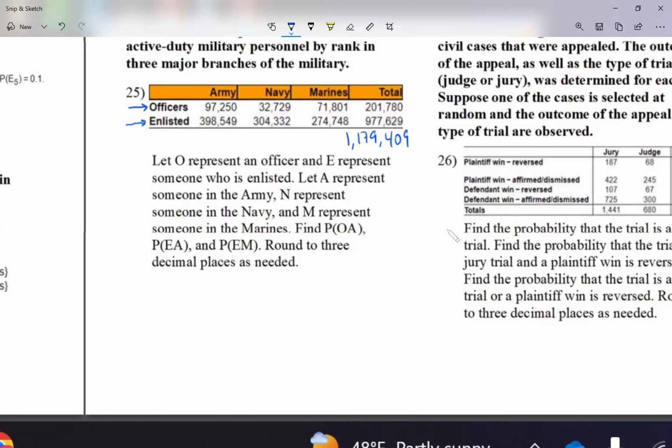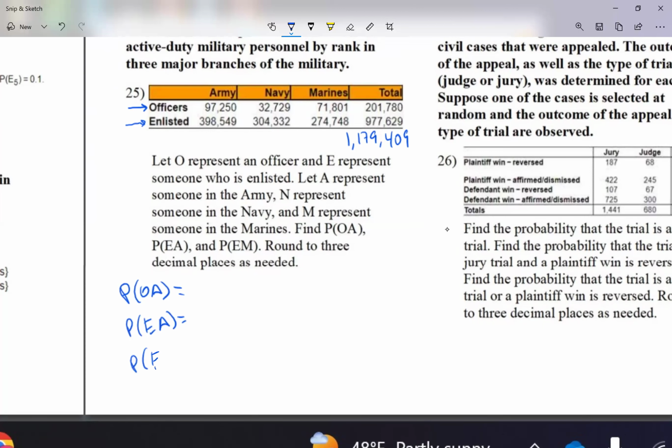Let A represent someone in the Army, N represent Navy, M represent Marines. We need to find P of OA. We're going to have to find the probability of EA. We're going to have to find probability of EM. Okay, rounded to 3 decimal places.